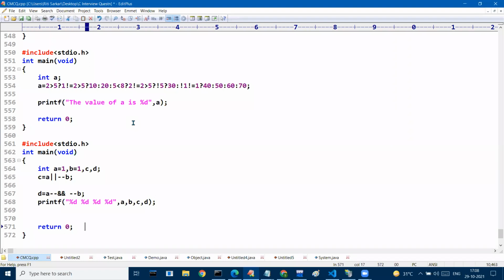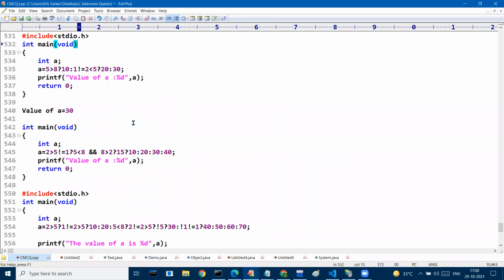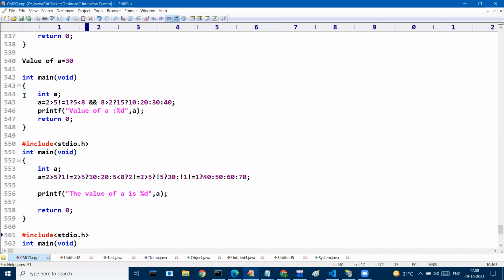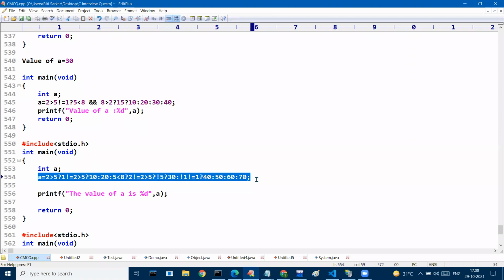This is one example for which I asked you to identify the order of bracketization, and this is yet another example. Now we are going to identify the order of bracketization for both cases and see how precedence and associativity come into the picture.